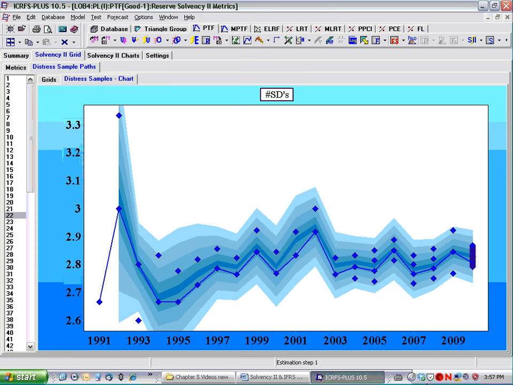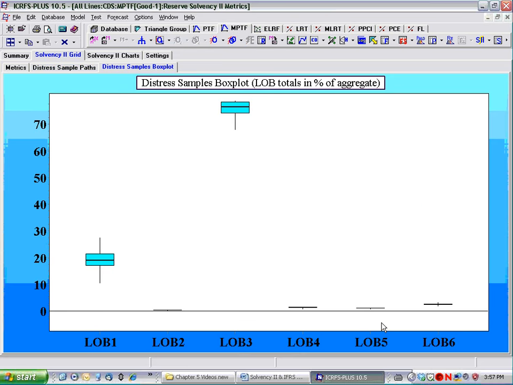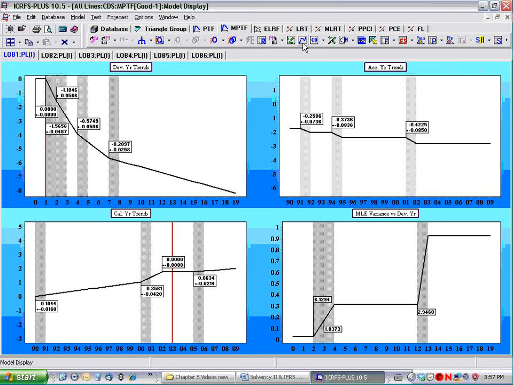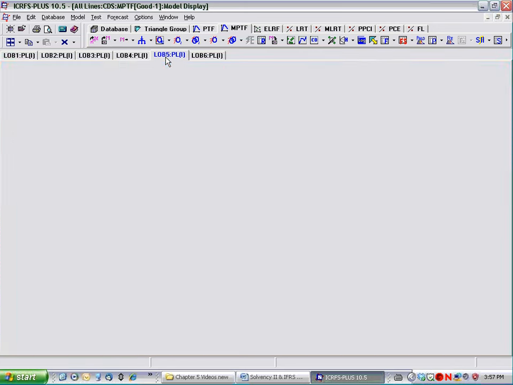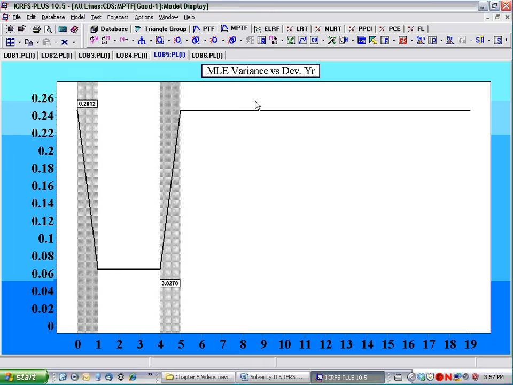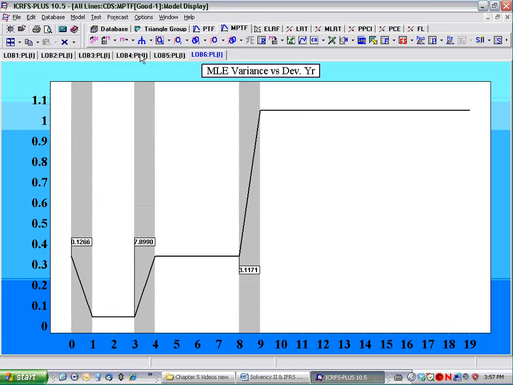Now, in the real case scenario where we looked at the multiple lines of business, if we go back there, for each line of business we have a model. Each one has parameter uncertainties and explicit process volatility for each line of business.